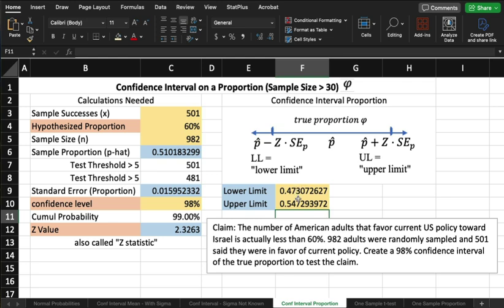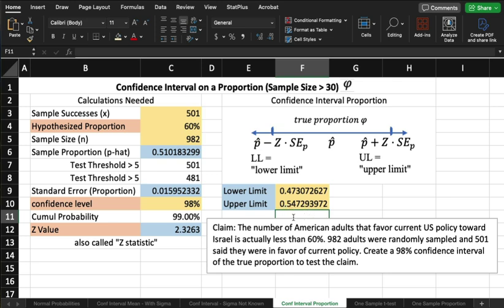So those are the two numbers that we came up with, 0.473 if we round it to the nearest thousandth, and 0.547, but round that up. The upper limit should be rounded up, so that would be 0.548.